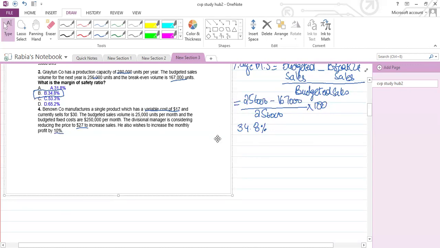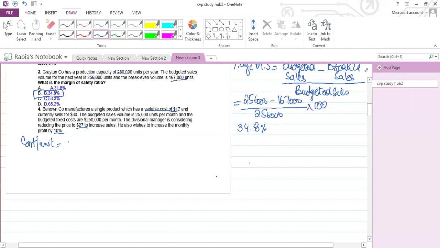First of all, you calculate your contribution per unit.